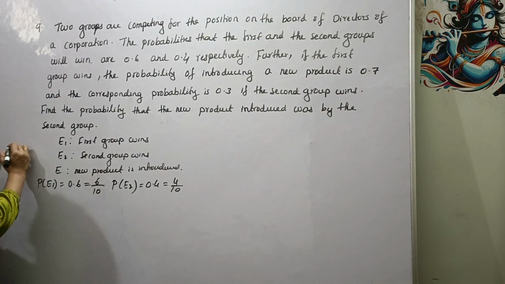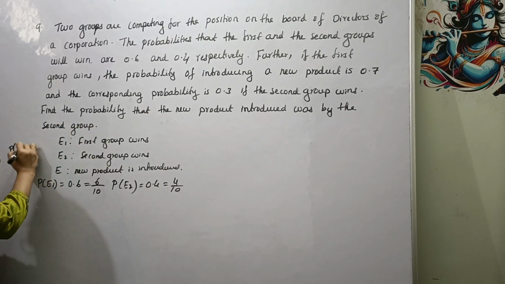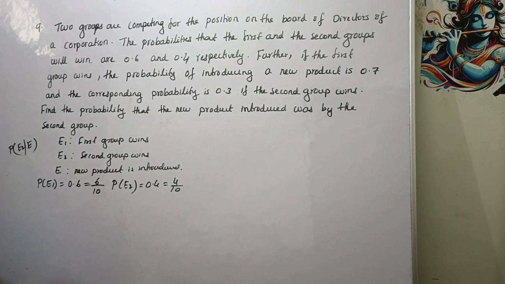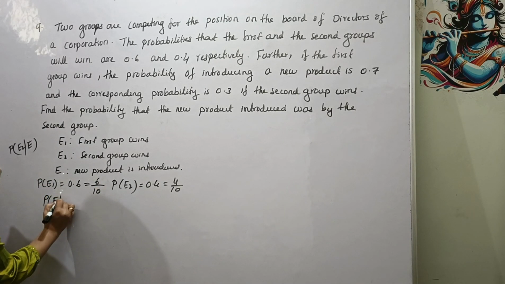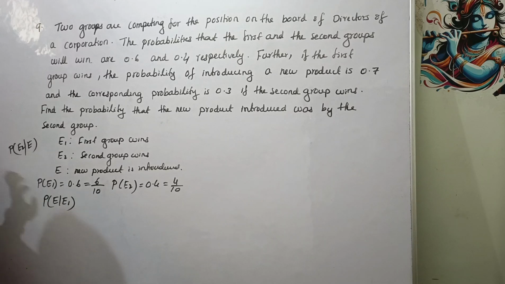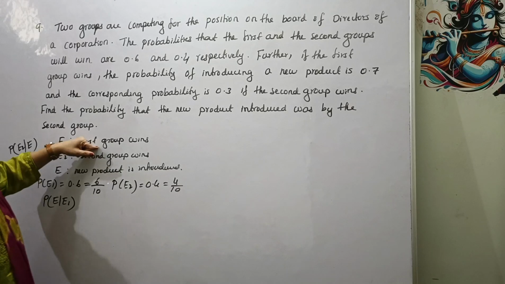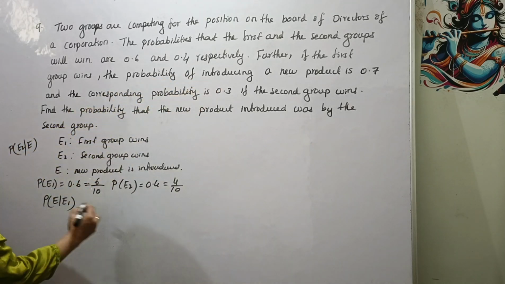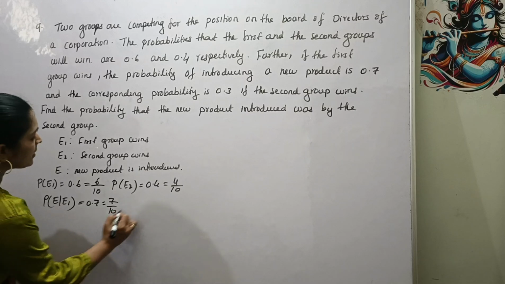Next, what we have to find? Probability of the second group, that is E2 given E. So what is probability of E given E1? That is the probability that a new product is introduced by the first group, that is 0.7, or 7 by 10.